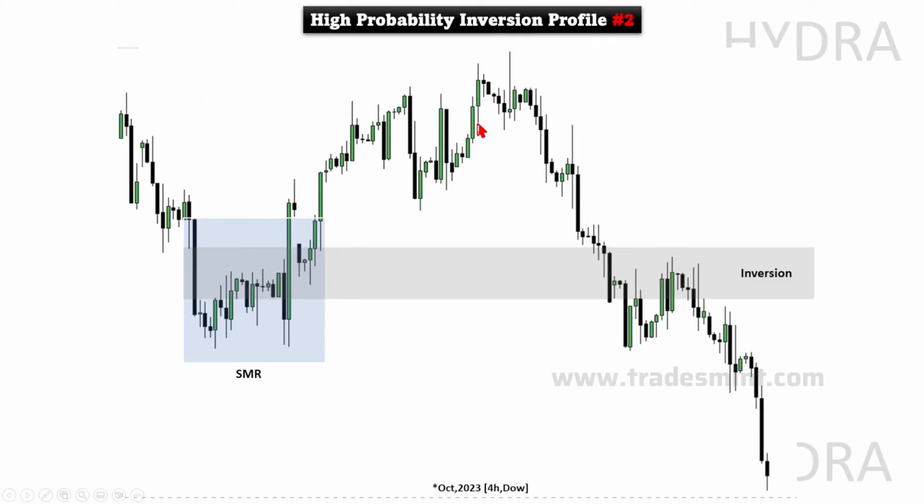So we extend this fair value gap out on time, and we wait for price to close a candle's body below this fair value gap. Did price close the candle's body below here? No. We wait for a full body closure. Price did close the candle's body below here, below this fair value gap. And what do you guys see? At this candle, price retraced exactly at this inversion.